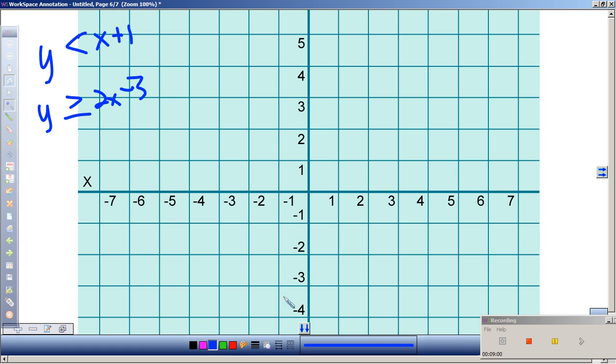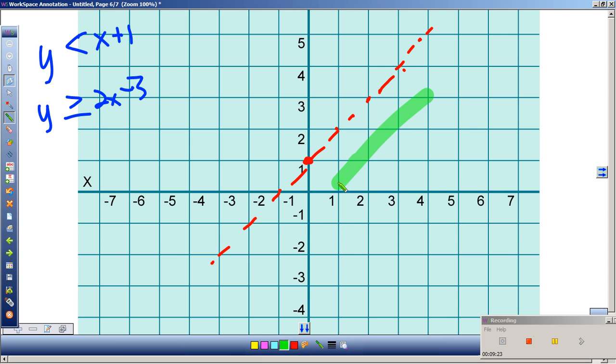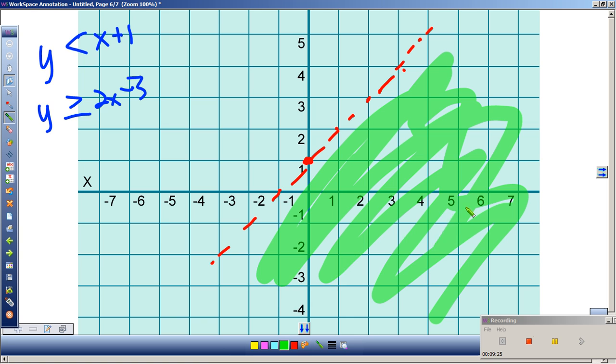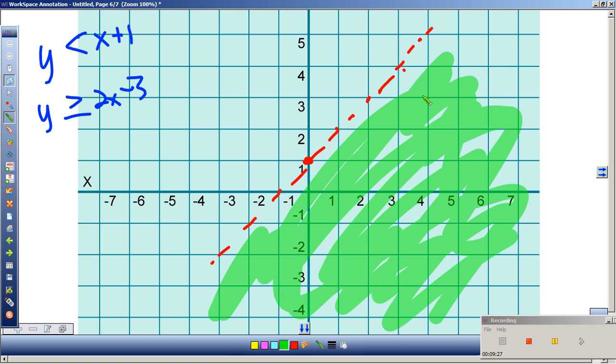How do you do the first one? Okay, so it's up 1 over 1, and it's going to be a dashed line here. And would you be shading above or below this line? Below. So we'd have all of this shaded for that first one. Okay.